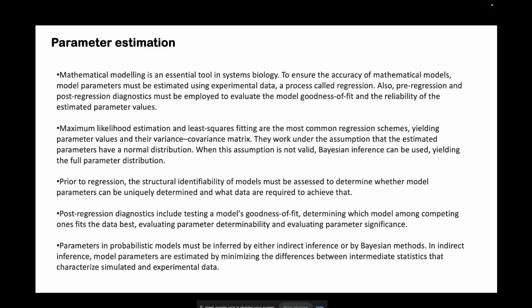So as I was saying, which parameter actually gives you the best representation of the real world data based on your equation. That is the whole concept of parameter estimation. And this idea of post-regression diagnosis is known as a model's goodness of fit, right? This is a technical term, but the idea is the same.